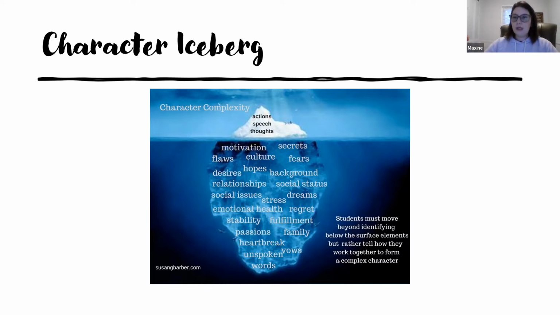So something we want students to do is move beyond just identifying what's on the surface, the actions, the speech, and the thoughts, and really go beneath and think about what forms a complex character and what's going on with the character more than just on the surface.